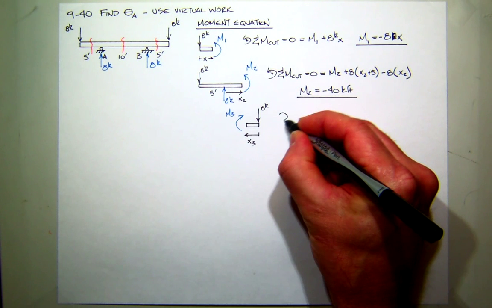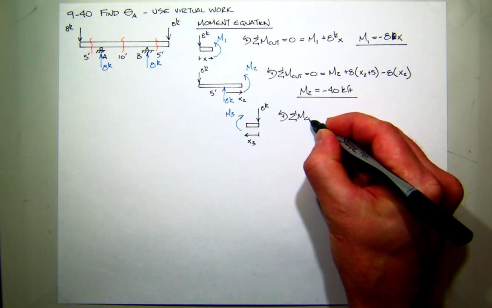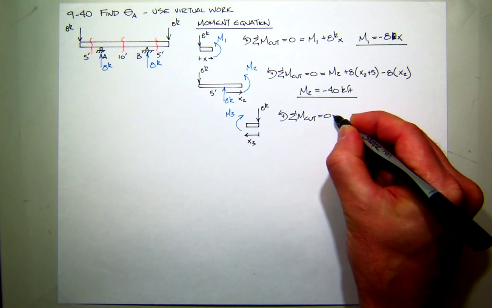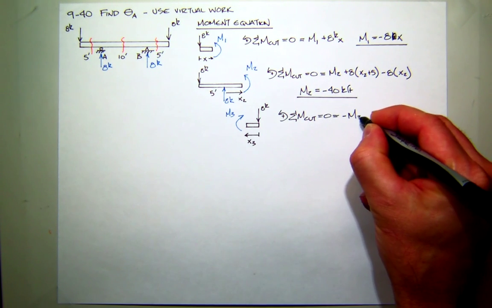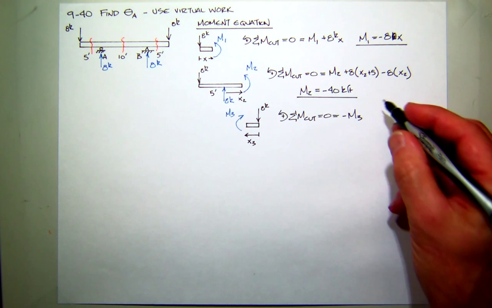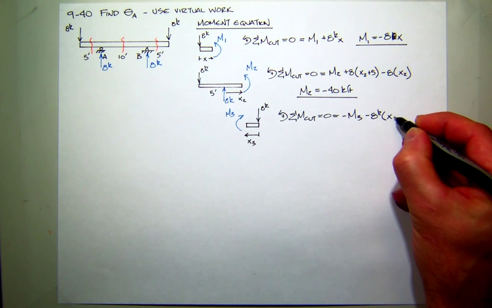So if I sum moments here, what do I get? Well, my moment in my sign convention is negative. The 8 kip moment force creates a negative moment also.